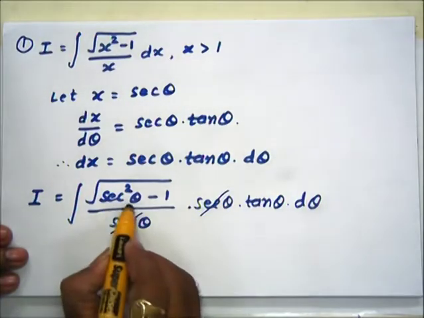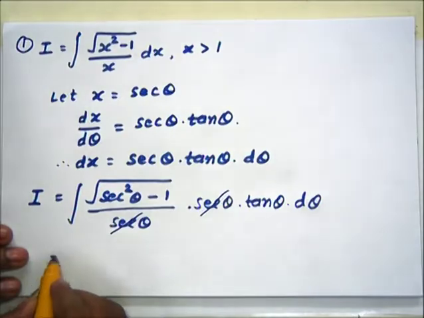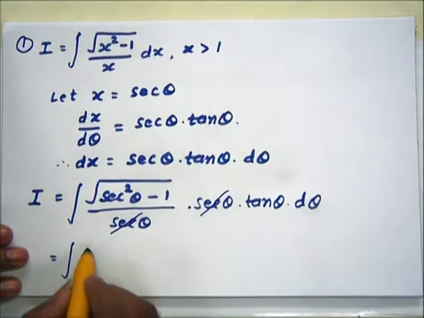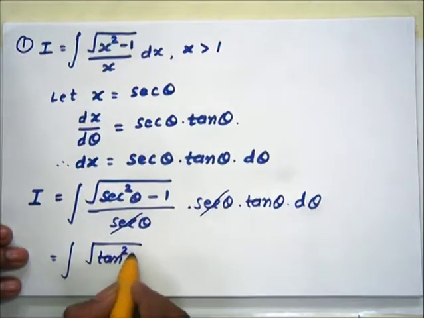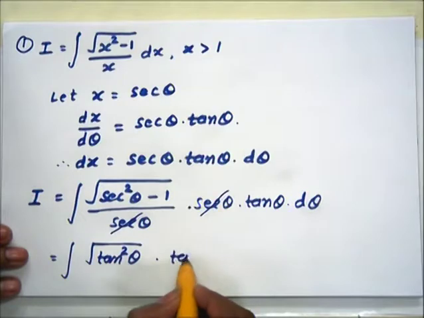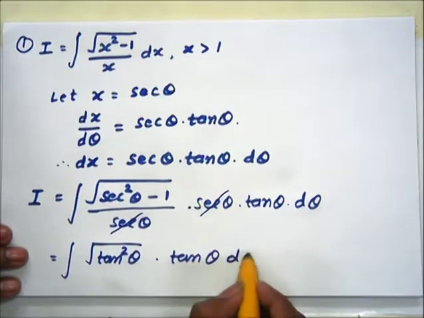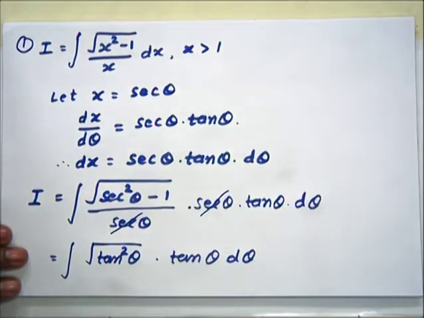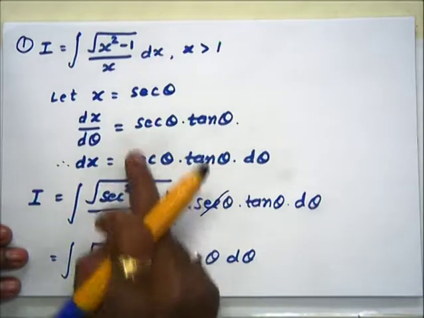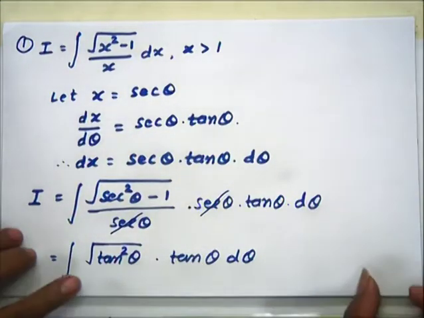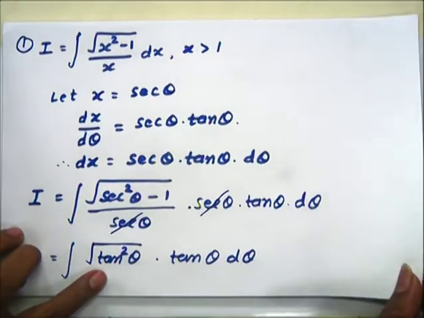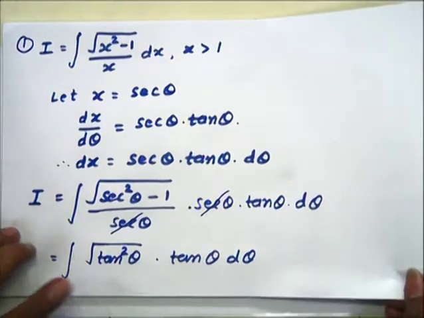Now sec square theta minus 1 is nothing but tan square theta, so we have square root of tan square theta into tan theta d theta. I think all of you can understand this. The square root of tan square theta is tan theta.